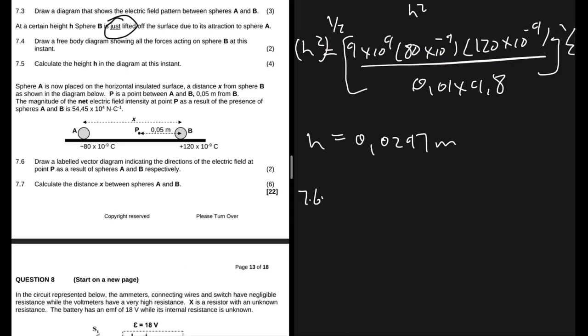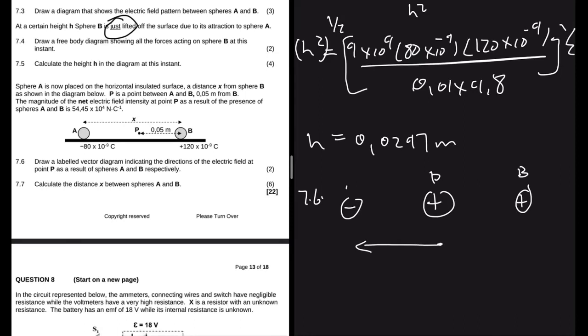So point P is the point charge, right? So we always assume that it's positive. And then sphere B is positive, right? And then sphere A is negative. So how do point P and sphere B interact? They repel each other, right? That means that the vector of charge B on P will point in that direction.